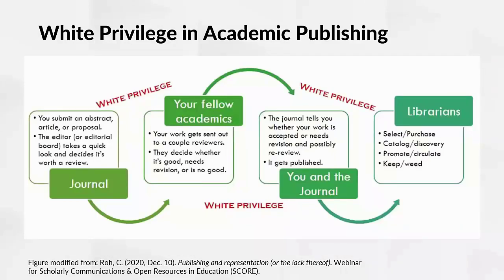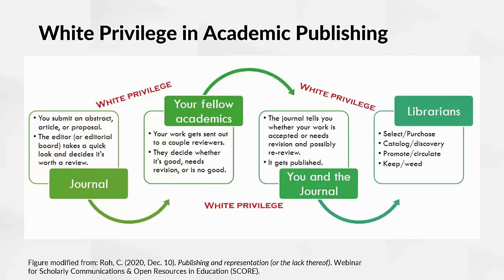And in terms of academic publishing, white privilege plays a huge role in so many of the decisions and factors that affect whether your work is published where you want it to be published or even published at all. You can see in this figure, modified by librarian Rowe in 2020, how at many of the different stages white privilege plays a role. This really leads to a lack of diversity in content, and a lack of diversity in methodology or methods.